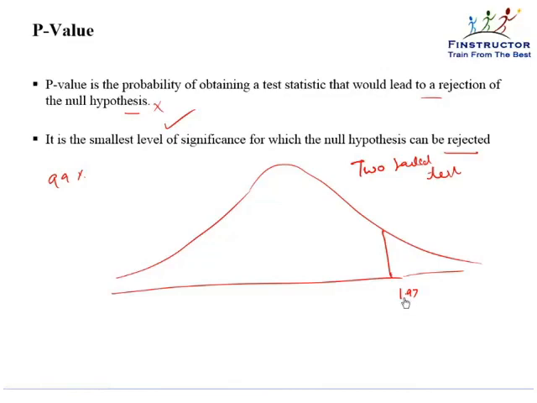To reject the null, the test statistic has to be greater than the critical value. Only then we reject it.